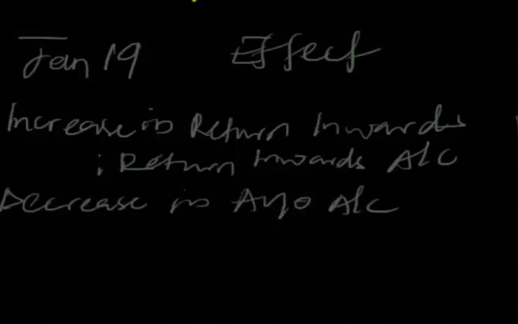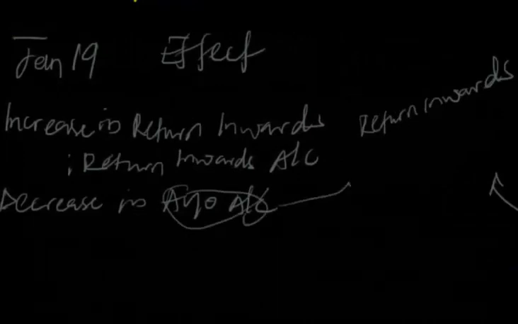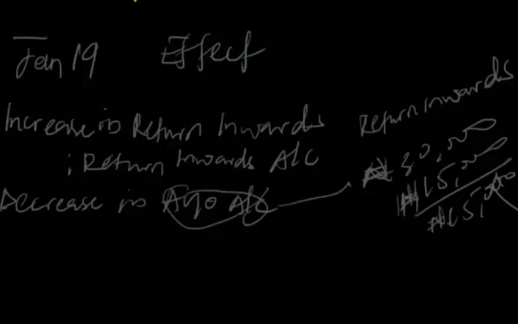Let's say that Ayo bought goods worth 30,000 naira initially, and now he's returning goods worth 15,000 back to the company. So there will obviously be a reduction in his account. His current balance with the company, in the company's books, Ayo's account will now reflect a reduction of 15,000.